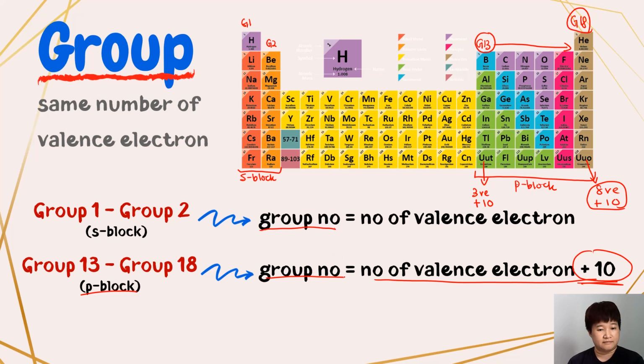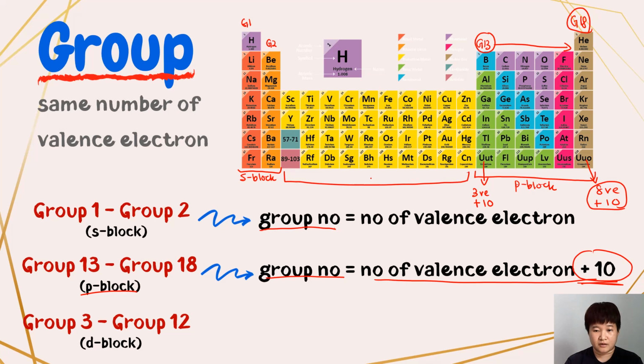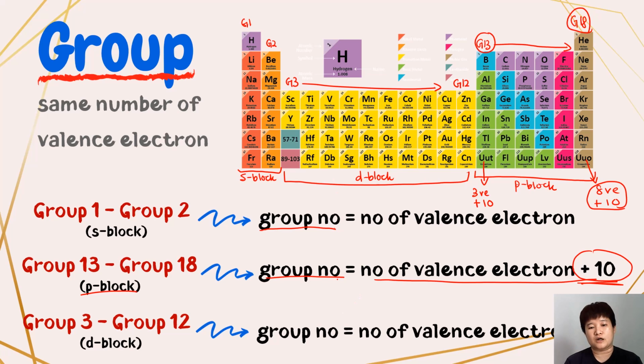Last but not least, when you have group 3 all the way to group 12, which is your D block, where you are moving from group 3 all the way to group 12, for this block the group number will again equal the number of valence electrons. This means that in group 3, you will have 3 valence electrons. In group 12, you will have 12 valence electrons.